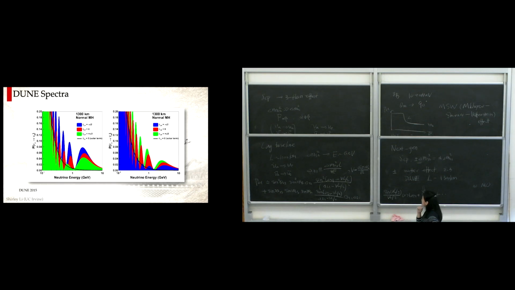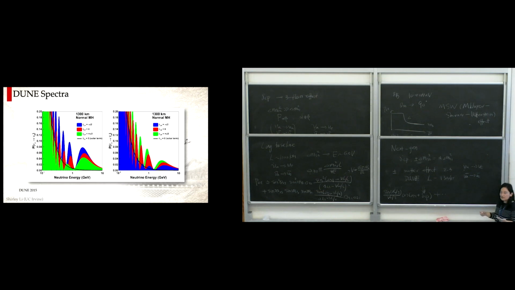That's a great question. Yes, that is correct. So when we see CP violation in vacuum, then naively it's nu mu to nu e versus nu mu bar to nu e bar. This is the CP conjugate.